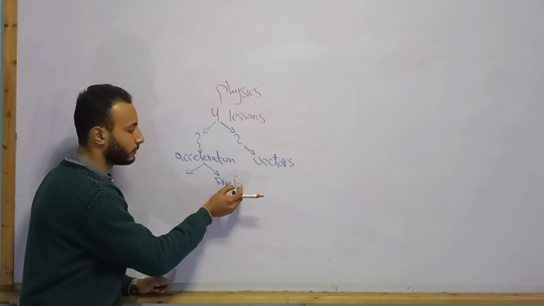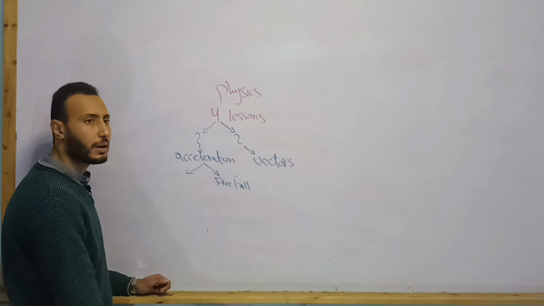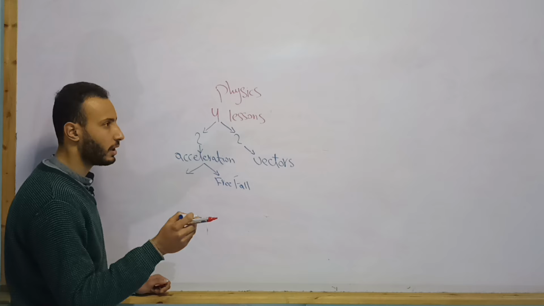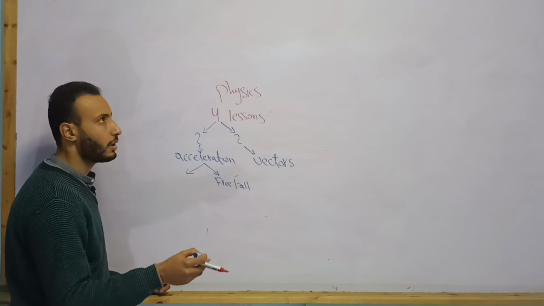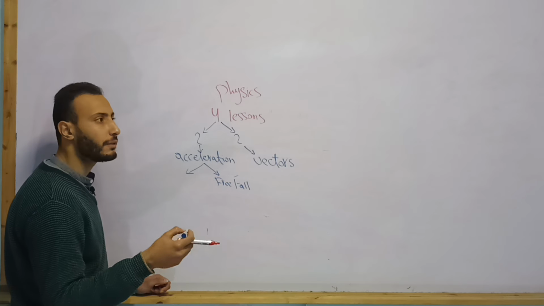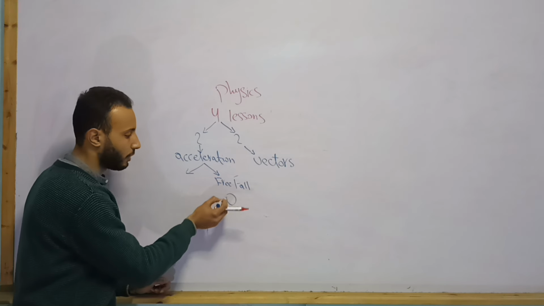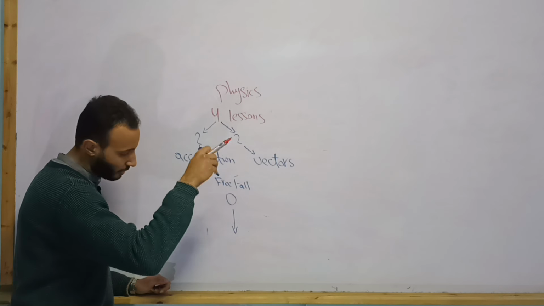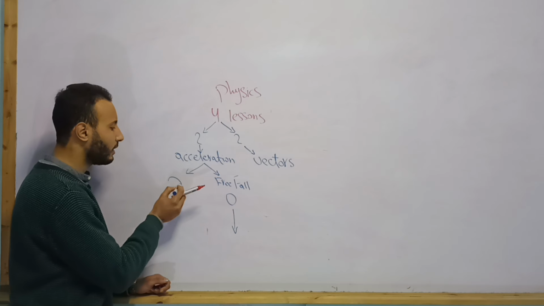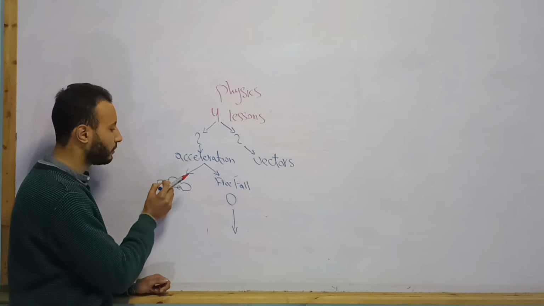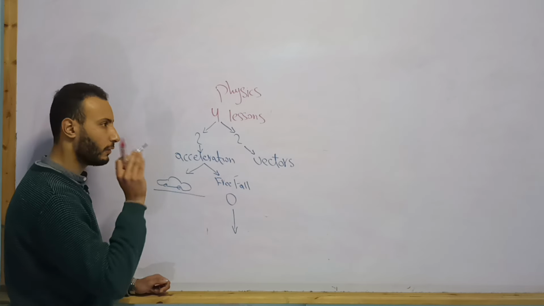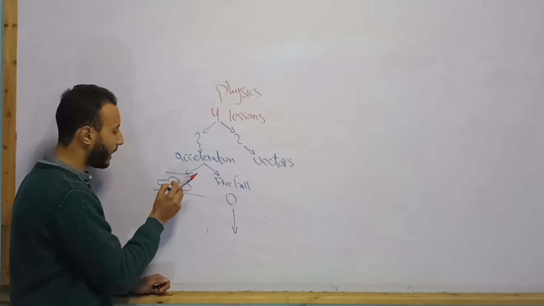And I mean by free fall, throwing an object, any object that you threw, when it is only affected by the gravity. Okay, so you threw a ball, and this ball is falling down to the ground. Okay, and here we have any car, or any object that is moving in the x direction, or moving forward like this, or backward like this.